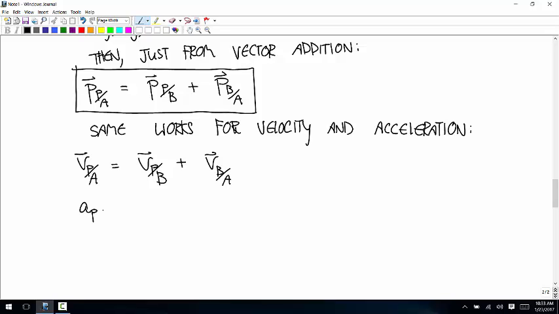The acceleration of P relative to A is equal to the acceleration of P relative to B plus the acceleration of B relative to A.